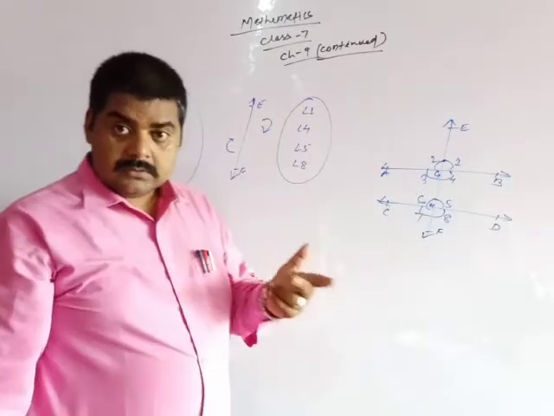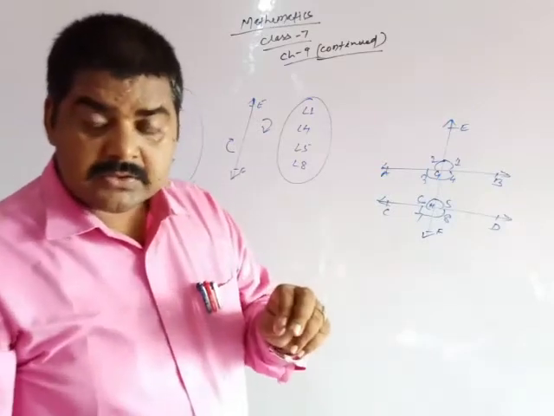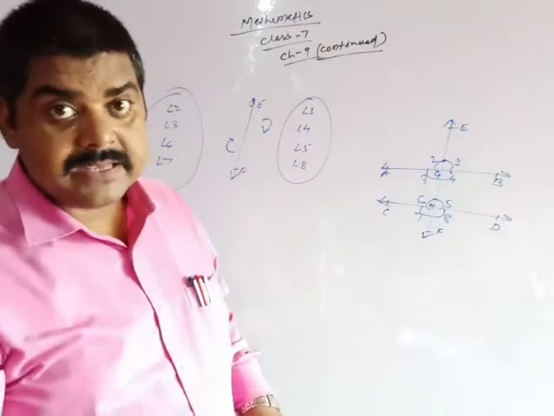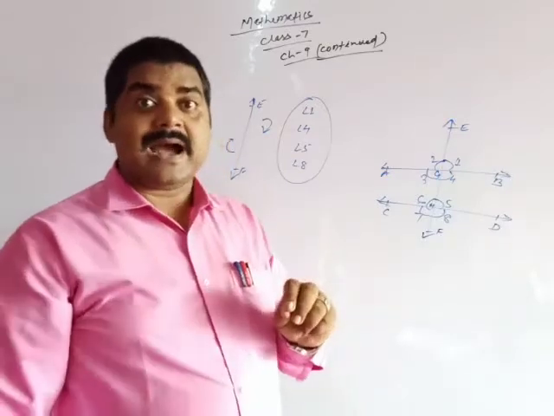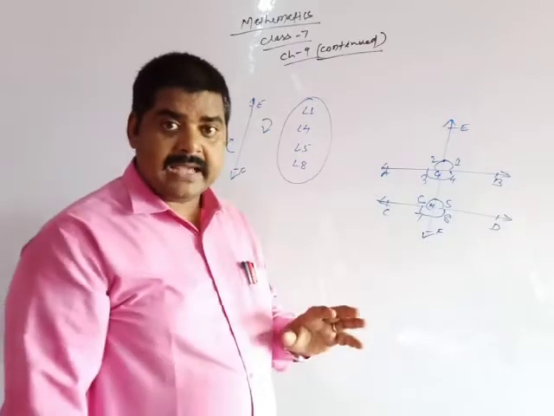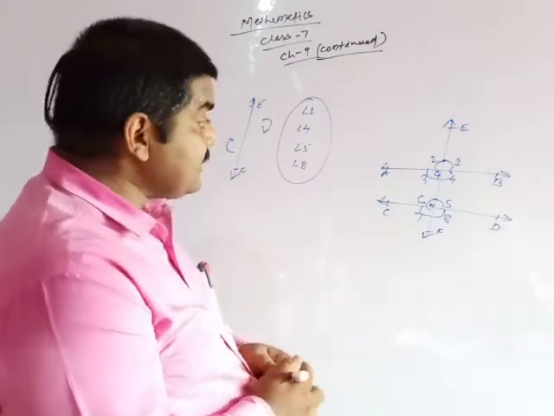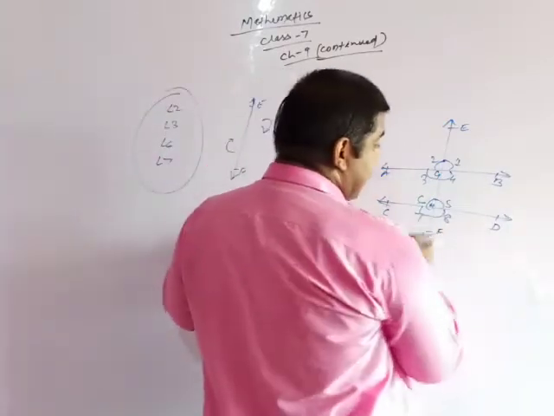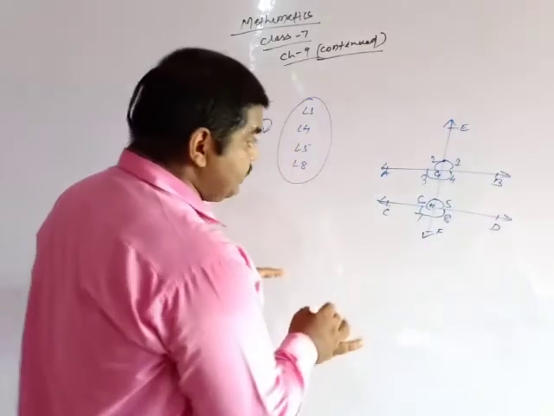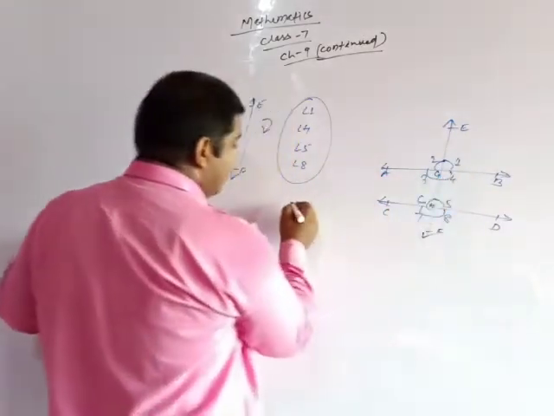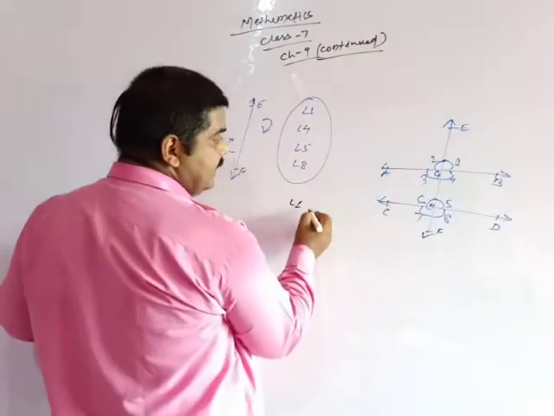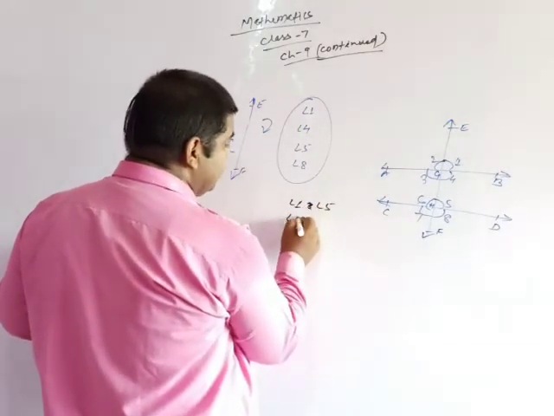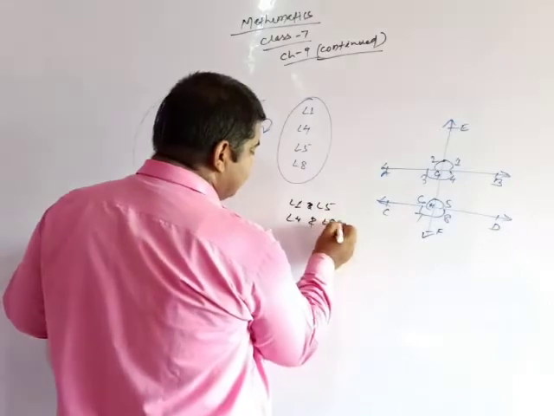You must notice 2-3 things to understand corresponding angles, because students have a little confusion regarding them. I will make it clear. If you discuss the pairs, then on this side, angle 1 and angle 5, and the second is angle 4 and angle 8.